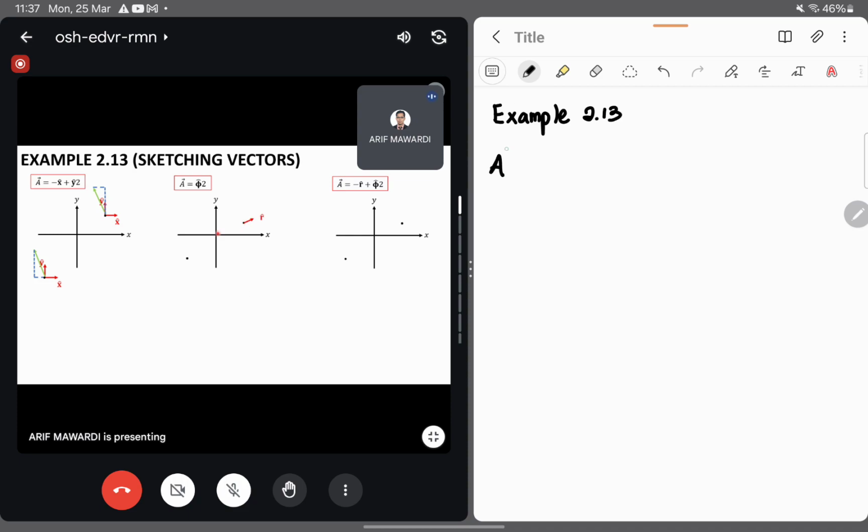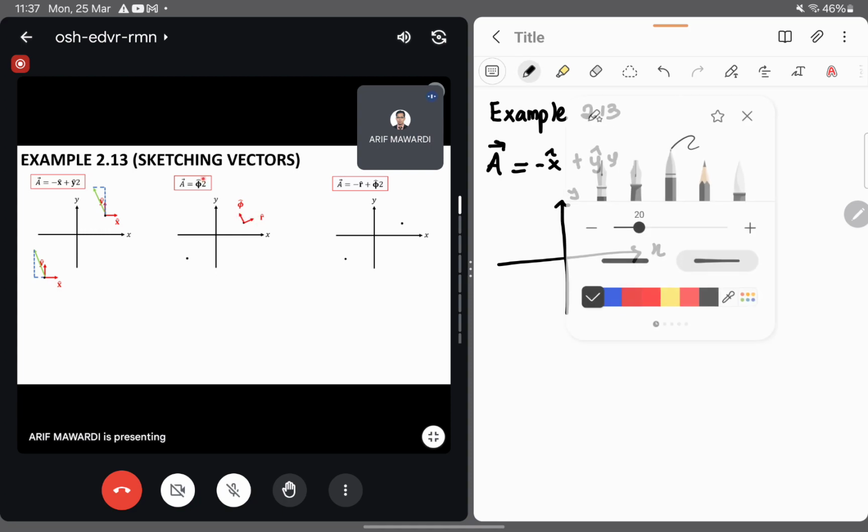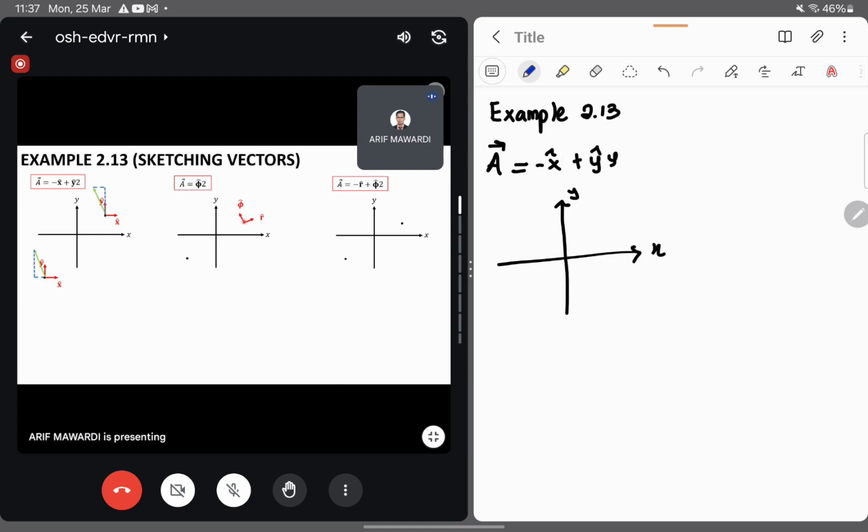For phi, the unit vector should be in the direction of increasing phi, and phi is defined as the angle from the positive x-axis, so it should be along this direction. Now that I have my unit vectors, I can draw the vector at this point.